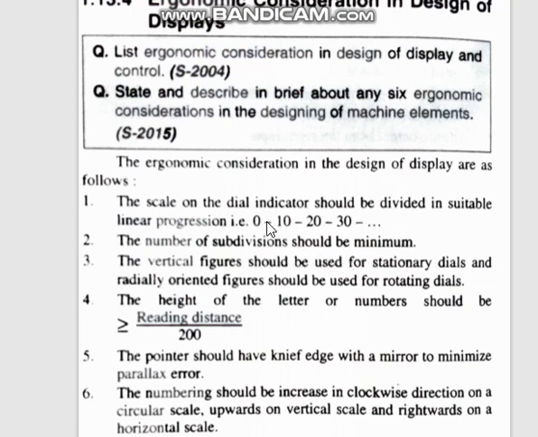If there is a long distance, then you can write 0, 5, 10, like that. If it is narrower, then you can write simply 0, 10, 20, like this. The vertical figures should be used for stationary dials, and a radially oriented figure should be used for rotating dials.